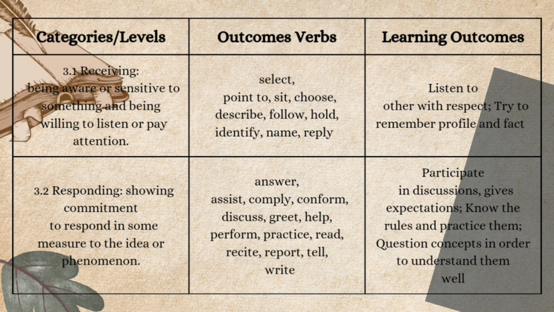Another level is responding. When we say responding, it is showing commitment to respond in some measure to the idea or phenomenon. Verbs will be answer, assist, comply, conform, discuss, grade, help, perform, practice, read, recite, report, tell, and write.